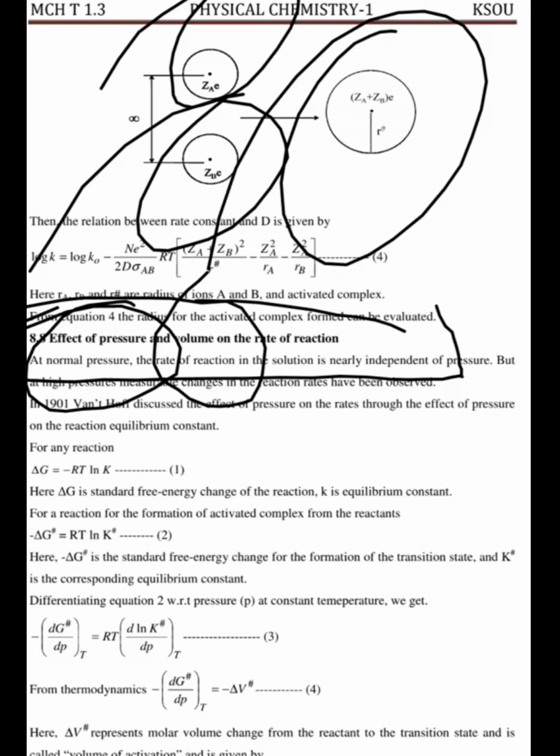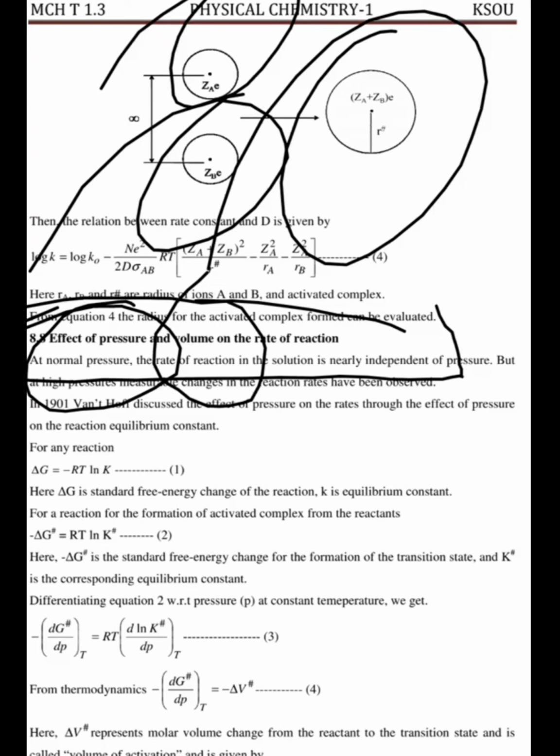So with varying pressure and volume, and further with different ion charges, we are going to derive the equation for the rate of reaction with the effect of pressure and volume. The rate of reaction in solution is nearly independent of the pressure.